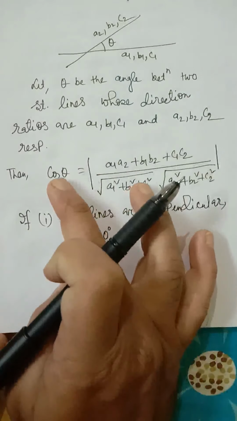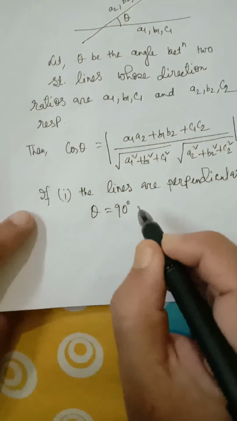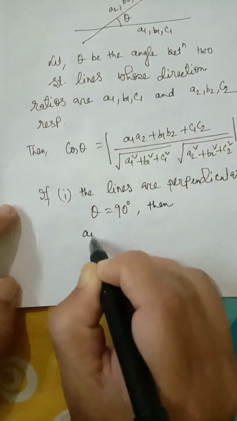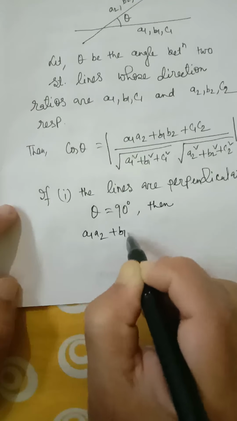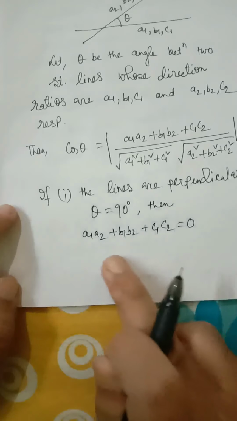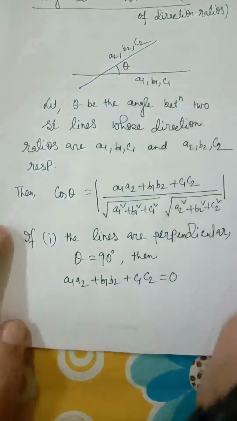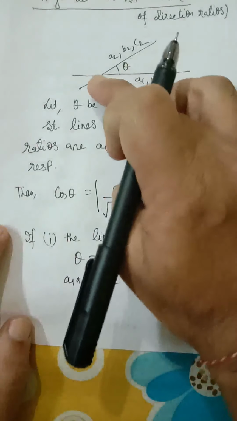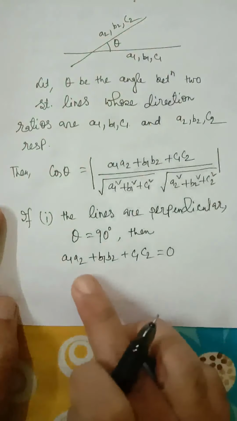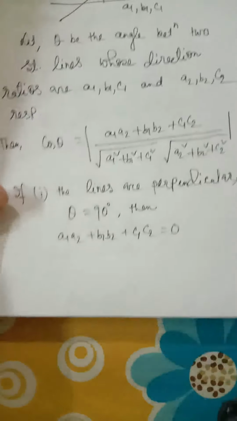So cos 90 degree is 0, and if we cross multiply, we get a1 a2 plus b1 b2 plus c1 c2 is equal to 0. This is the condition for two straight lines to be perpendicular.